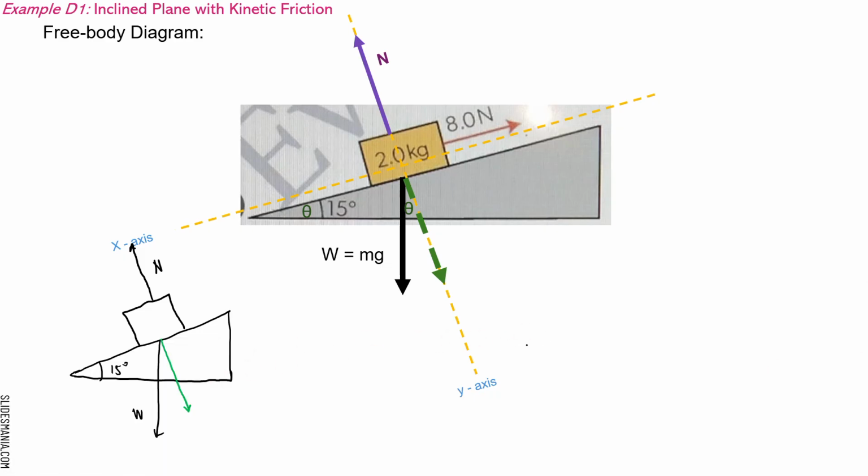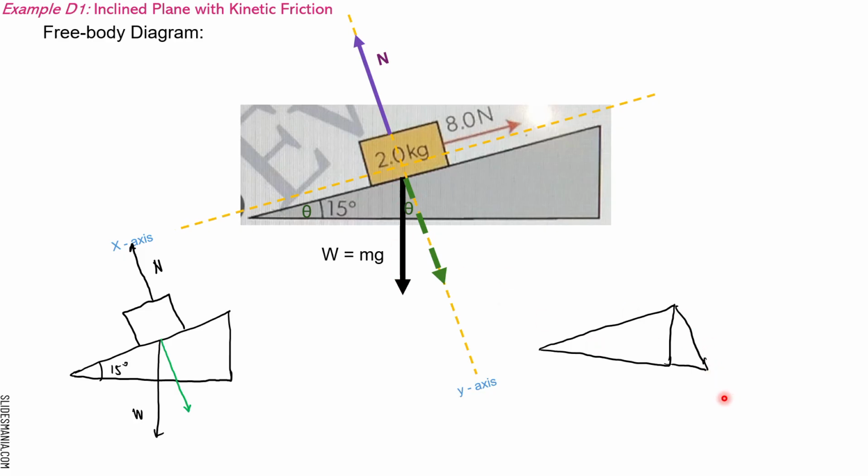Let me redraw that figure. So this is the inclined ramp. Then we have this triangle right here. This portion of the triangle, that's part of the weight.